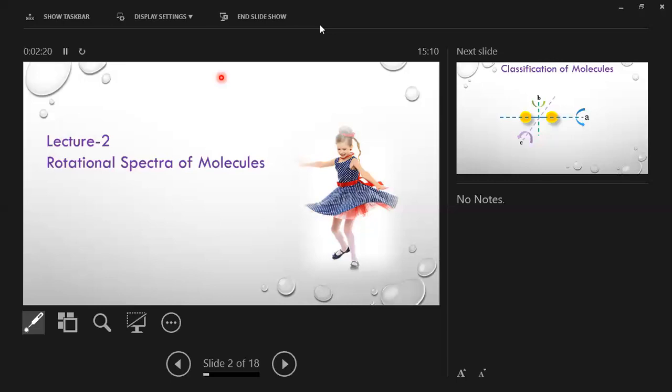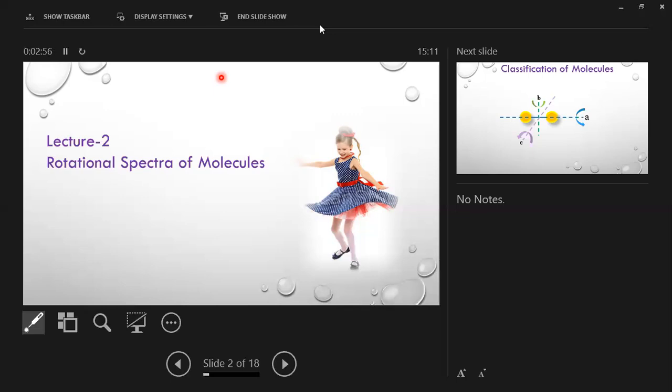That rotation gives some energy to the molecule, known as the rotational energy. The atoms may vibrate. As you know, the atomic positions are not actually fixed. They vibrate about their mean position, so they possess some vibrational energy also. And the third one is obviously the electronic energy. So these are the three types of energies possessed by molecules: rotational energy, vibrational energy, and electronic energy.